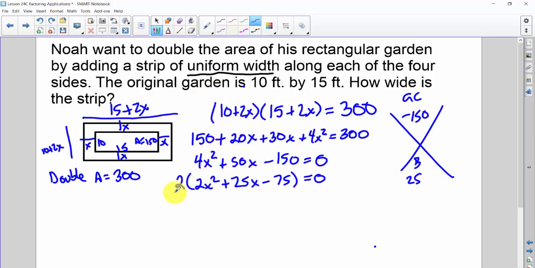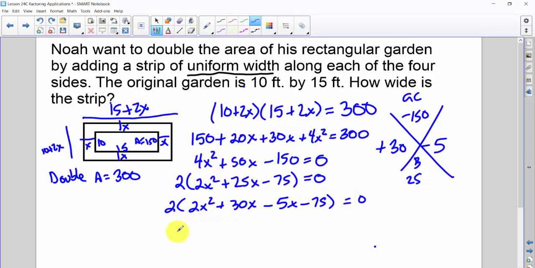If I think about it, that's going to be 30 and 5, with the 30 being positive and the 5 being negative. So this is 2x squared plus 30x minus 5x minus 75 is equal to 0.